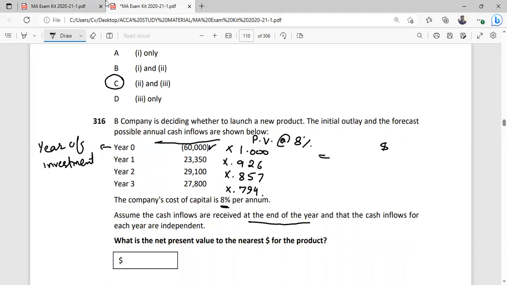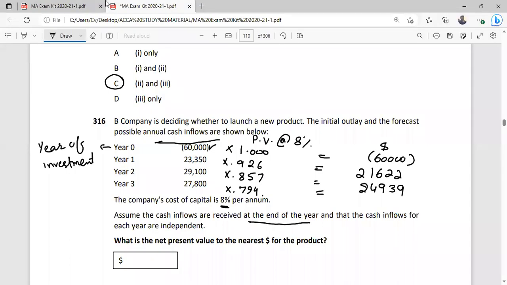Now you will multiply. For year 0, your answer will remain the same, negative 60,000. For year 1, 23,350 multiplied with 0.926 is 21,622. Then 29,100 multiplied with 0.857 is 24,939.